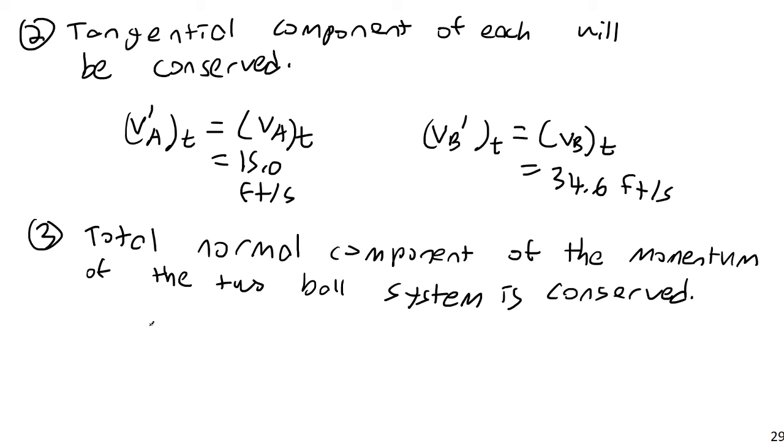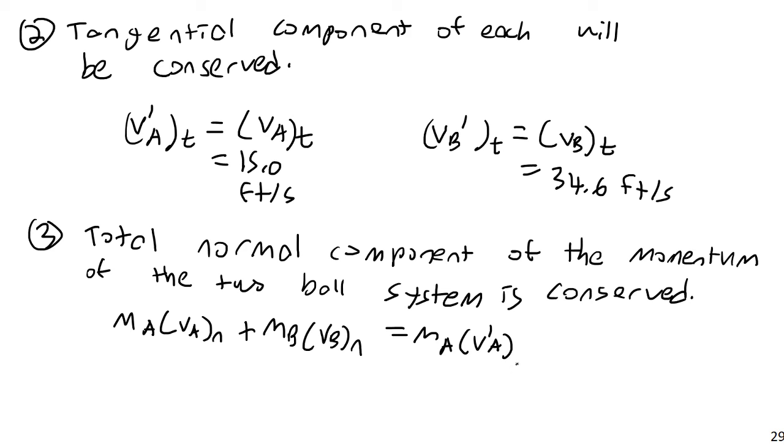So MA times the normal component of A's initial velocity plus MB times VBN, the normal component of ball B's initial velocity, equals MA V prime A in the normal direction plus MB V prime B in the normal direction.